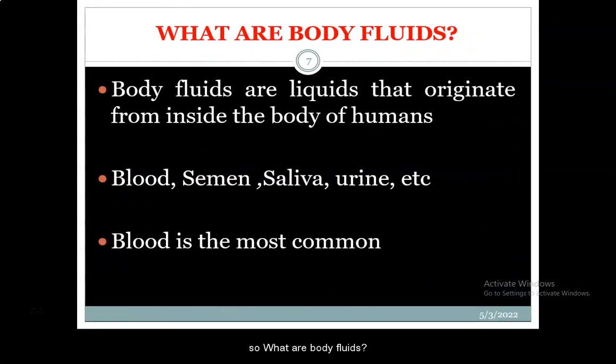So what are body fluids? One has to know what body fluids are. If someone asks you what are body fluids, you should be able to explain to the person what they are. Body fluids are liquids that originate from inside the body of humans. So anything liquid that comes from our body as human beings or Homo sapiens can be termed as body fluids.